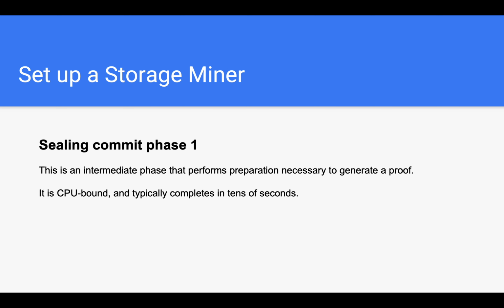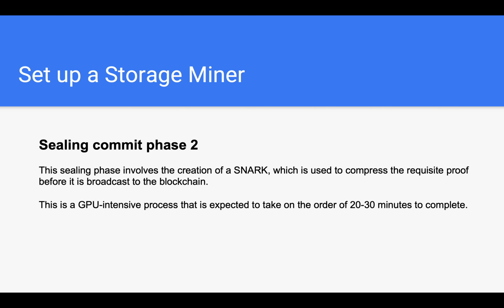And then the sealing commit phase 1. This is an intermediate phase that performs preparation necessary to generate a proof. It is CPU bound and typically completes in tens of seconds, so it hardly uses any memory resources. And the last phase is commit phase 2.